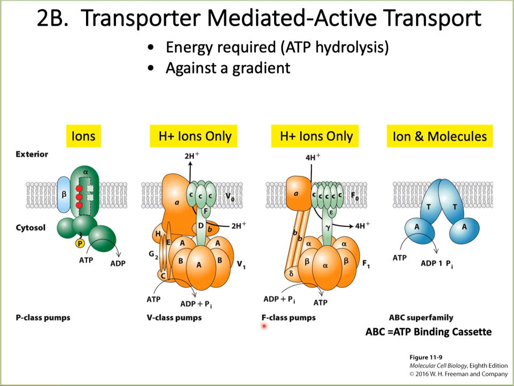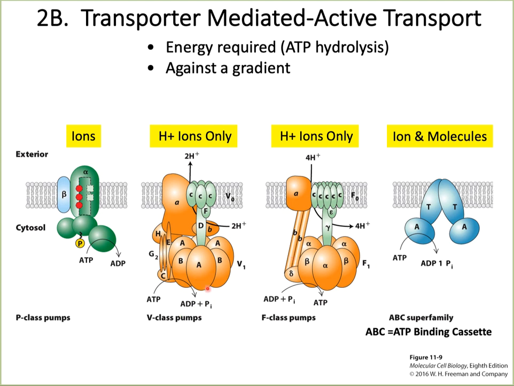Another large class of pumps are the V and the F class pumps. We are not going to consider in detail these pumps in this course, but just have a brief overview of their function. In general, both V and F class pumps are responsible for moving hydrogen ions or protons across membranes against a concentration gradient, and they do not have phosphoprotein intermediates like P class pumps.